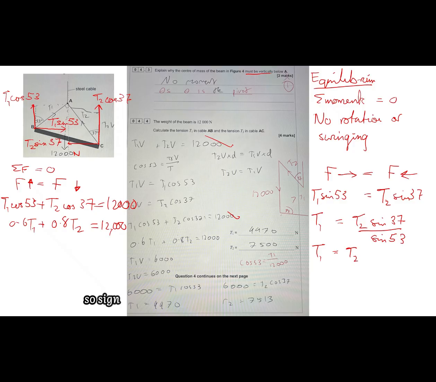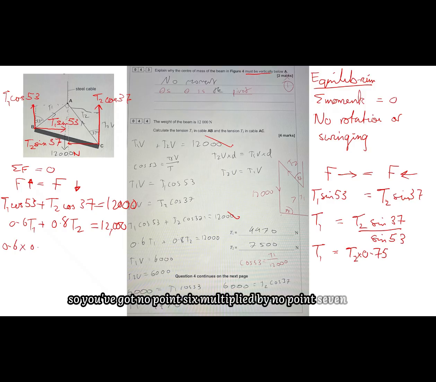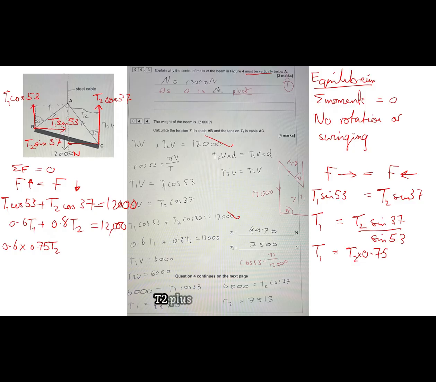So sine 37 divided by sine of 53 gives me 0.75. We can sub that in: 0.6 multiplied by 0.75 T2 plus 0.8 T2, let's put these in brackets, it's looking messy, is equal to 12,000.